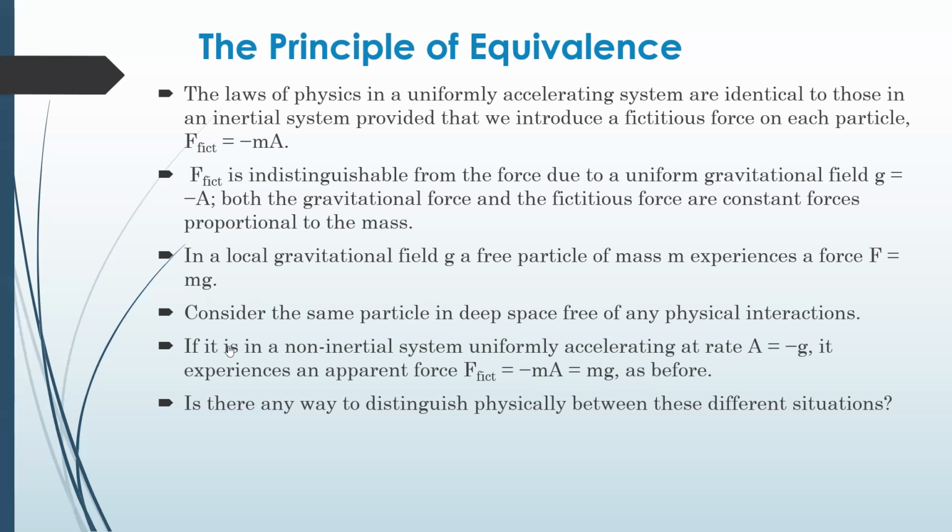Okay. If it is a non-inertial system uniformly accelerating at a rate A equal to minus g, it experiences an apparent force F equal to F fictitious, that is equal to minus ma, that is equal to mg.